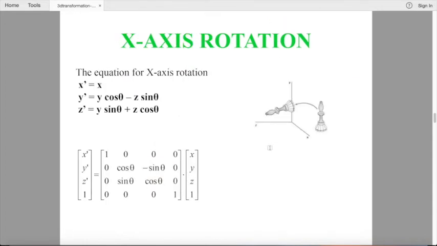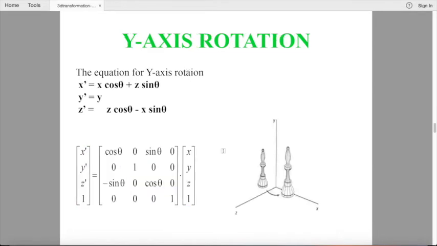On the x-axis rotation, we can use the formulas: x dot equals x, y dot equals y cos theta minus z sin theta, and z dot equals y sin theta plus z cos theta. It will change the direction of the rotation to another way, like in the picture. And we can use the matrix formula like this.